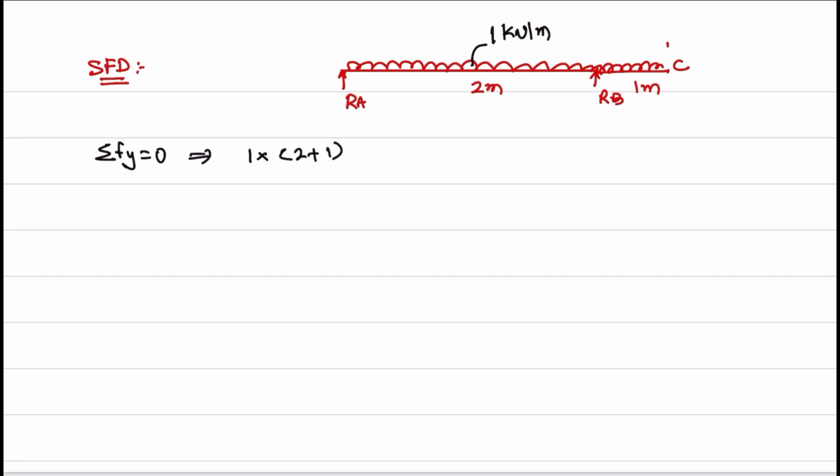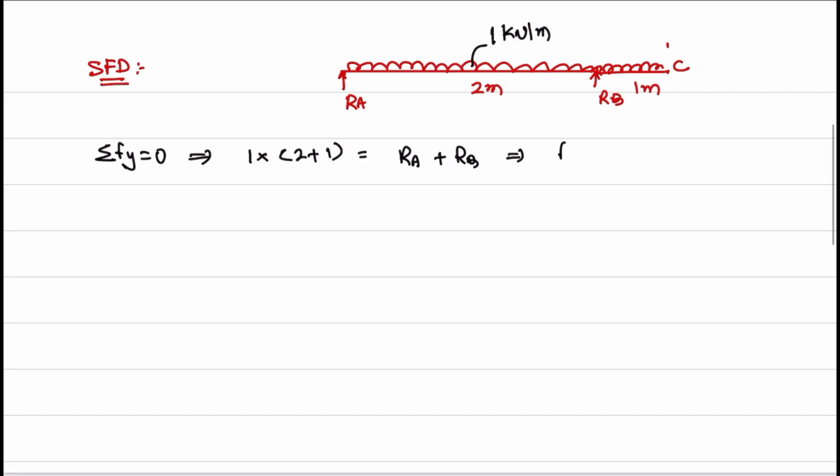This is the length. W into L is the total load that is acting downwards on the beam. And what is acting upwards? One is RA and another is RB. That is the directions which we have assumed. That implies RA plus RB is equal to 3. This is equation 1.